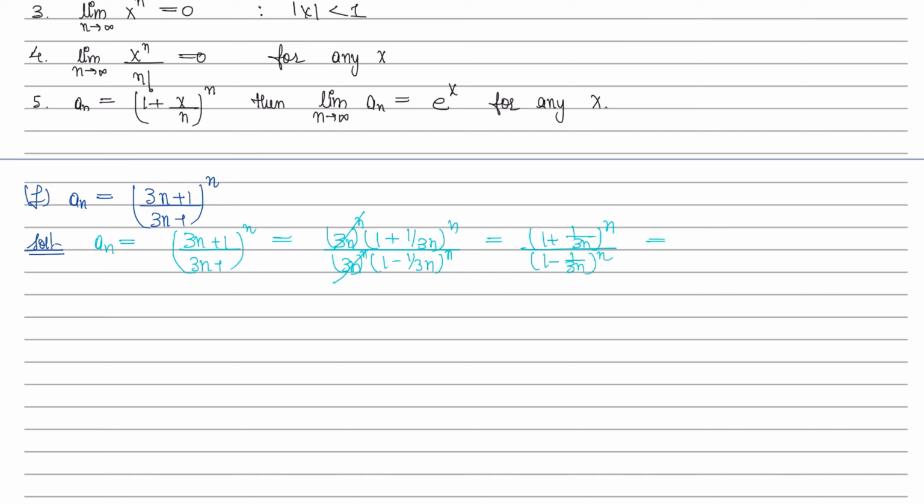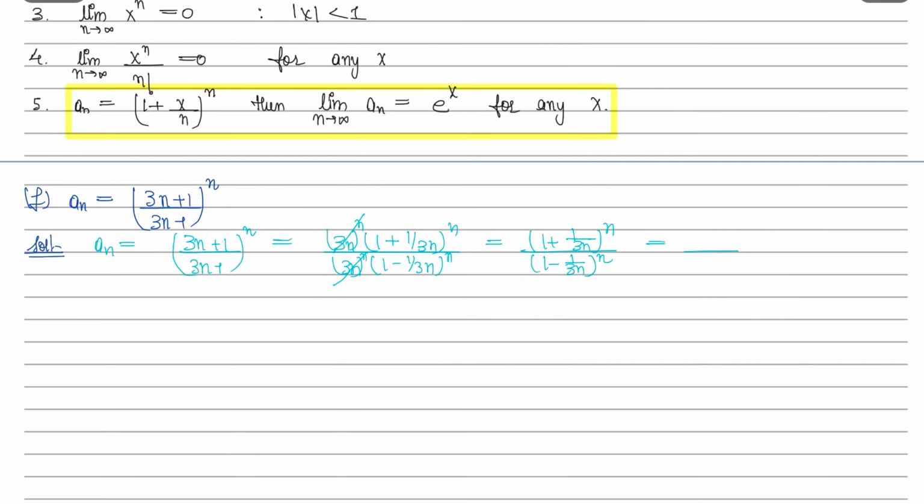And let us compare this result with the given question here. Here, in the numerator, we can consider the value of x is 1 by 3, and in the denominator, the value of x is minus 1 by 3. So, the numerator will converge to e to the power 1 by 3 and denominator will converge to e to the power minus 1 by 3.